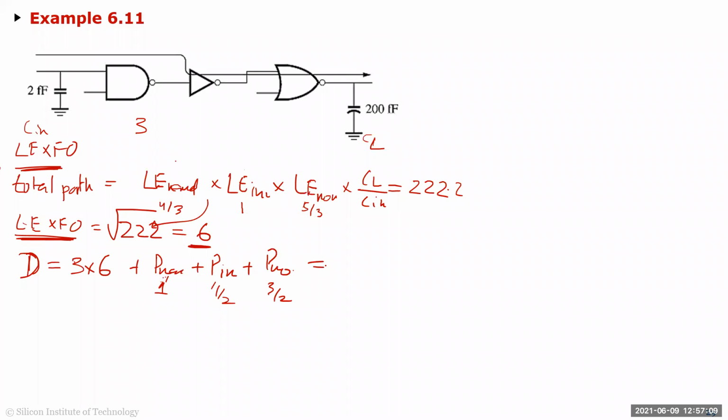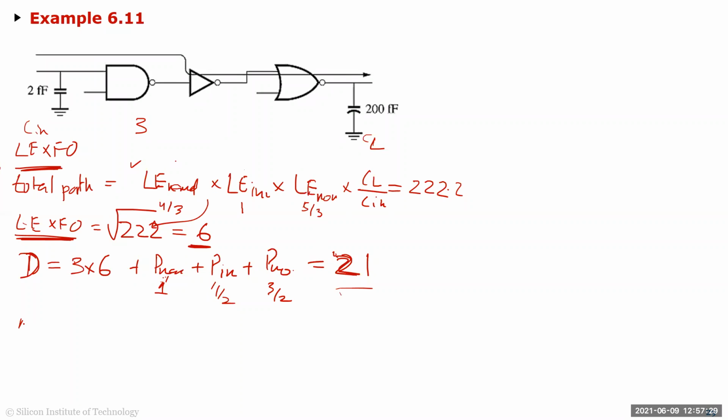If you add all that together, this is equal to 21. So this is the total delay, or the minimum path delay.